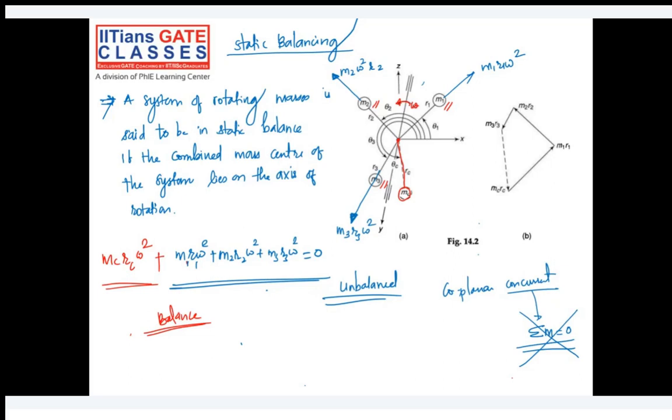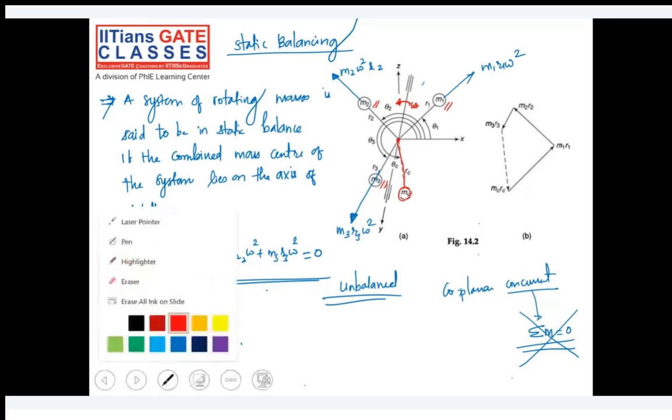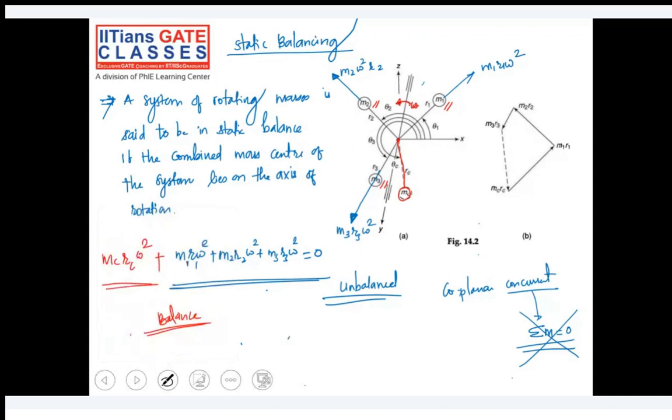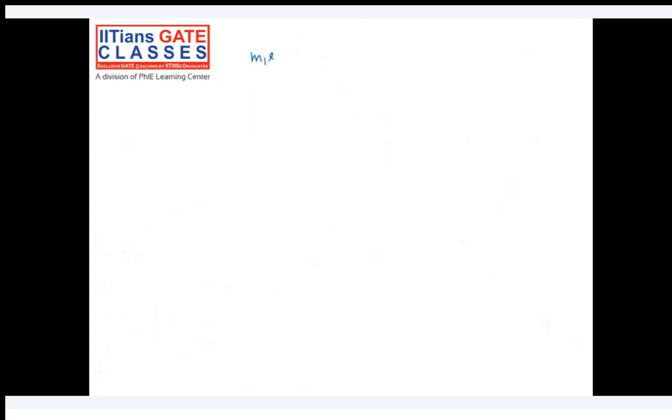Okay, so omega is the same in all these terms. I can directly write now: M1R1 plus M2R2 plus M3R3 equal to 0 if it is the balanced case.